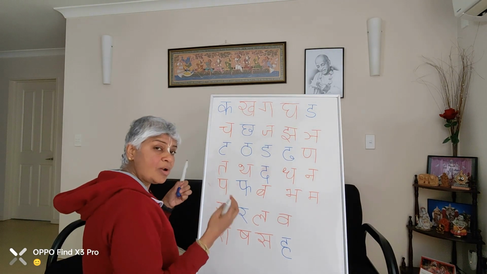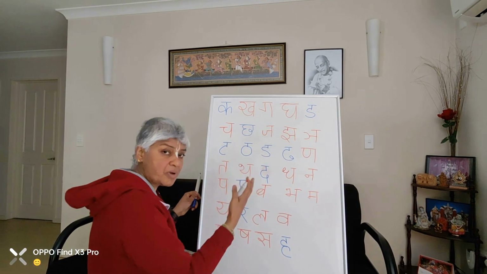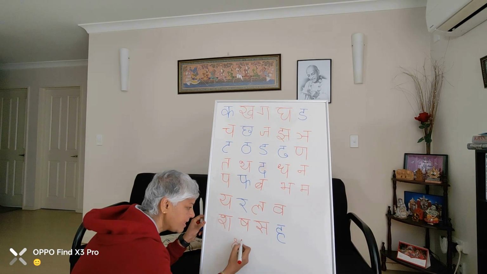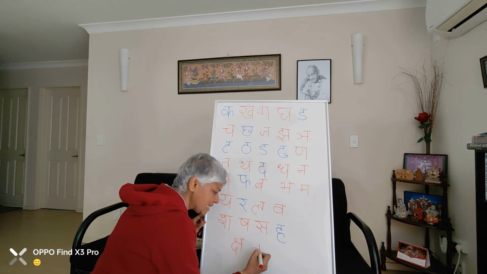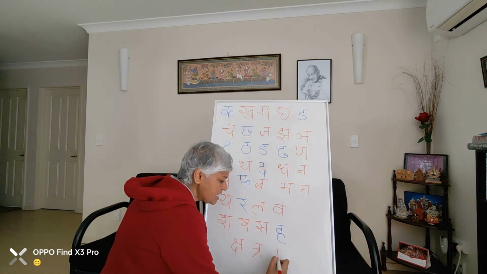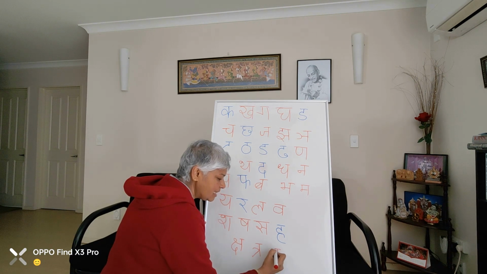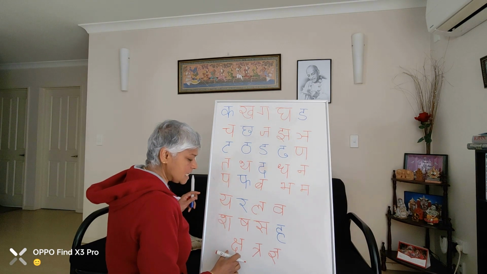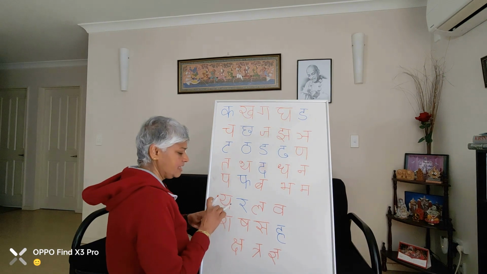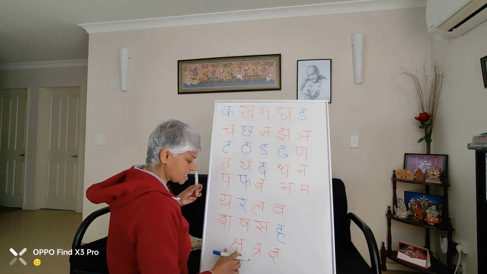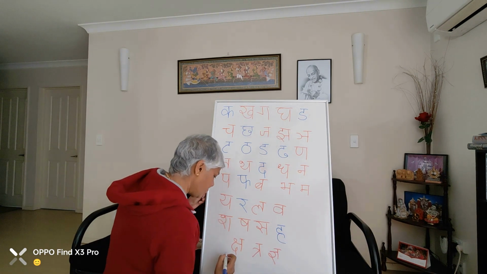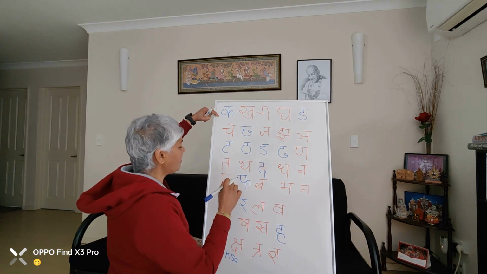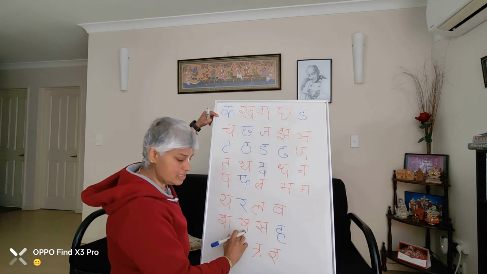And then there are your already special combinations. Okay, you already know some combinations. These are ksha, which has a line, tra, which has a line, and jnya, which also has a line. Does that make sense? Okay, excellent. So the ksha, the tra, and the jnya are already combinations. The ksha is made up of half a ka and the sha.